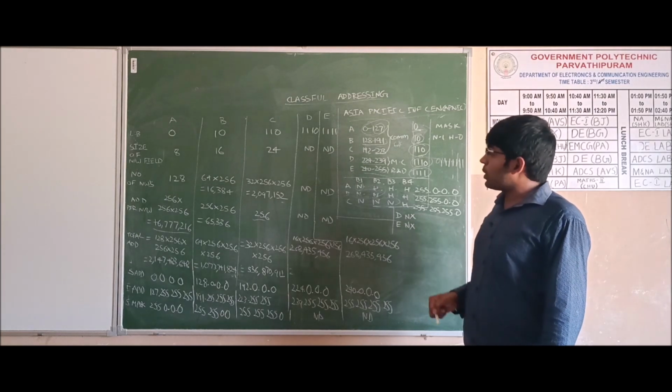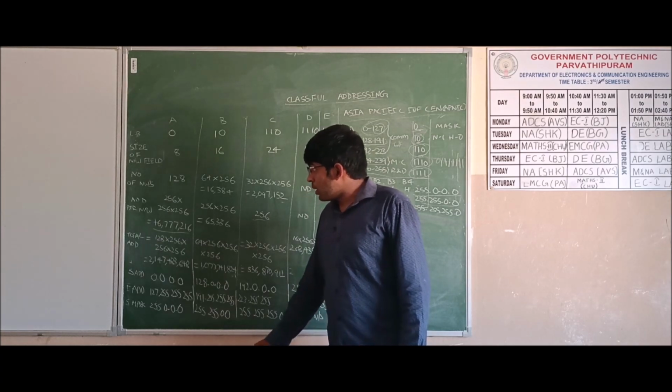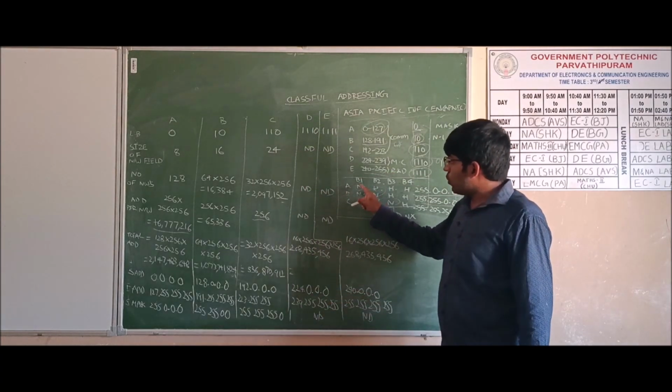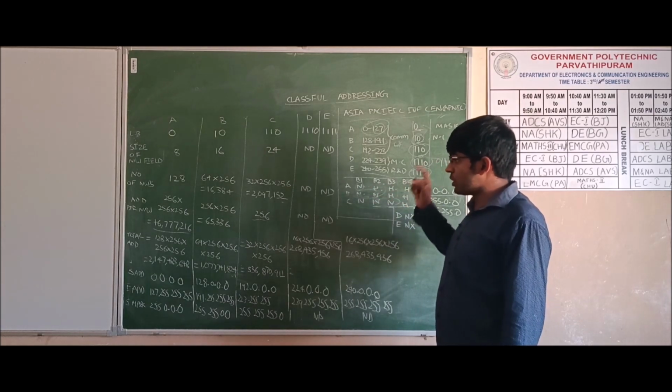So the total number of addresses with class A, we are taking 128 into 256 into 256 into 256.